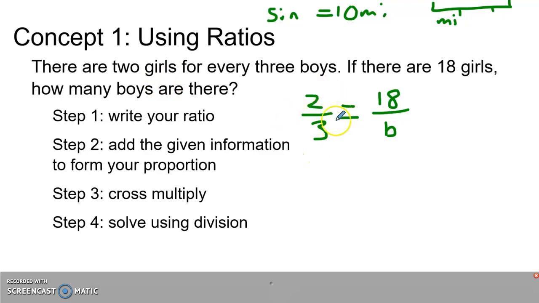All right, so I start off writing my ratio. I add in the given information and the variable that I'm trying to find the value of, and then I can cross multiply.